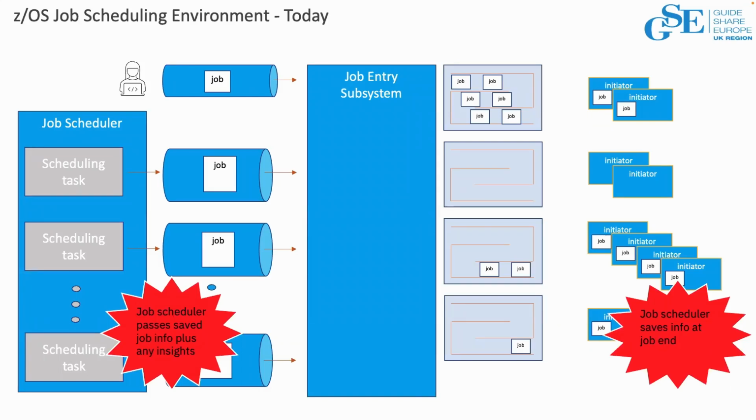The job scheduler tool will save the job info plus any insights at job submission, and will also save the statistics about the job execution after the job terminates. So that's the important role of the job scheduling tool.